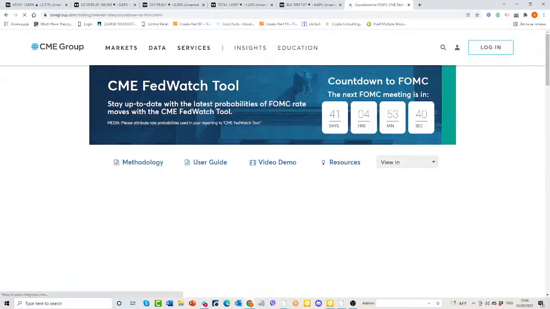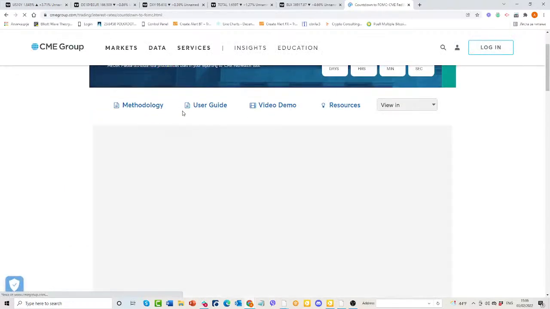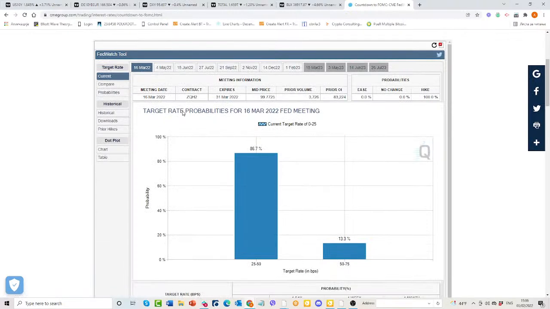This is the tool that shows, percentage-wise, how the markets are viewing the possibility of movements in the interest rates on the upside. And as you can see, for the 16th of March, almost 86.7% that the rates are going to move higher in the United States.